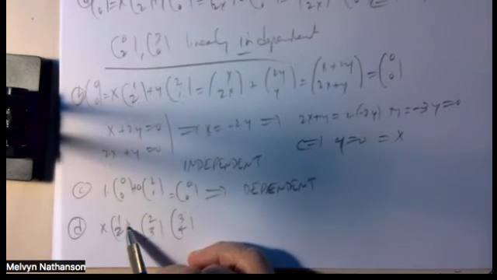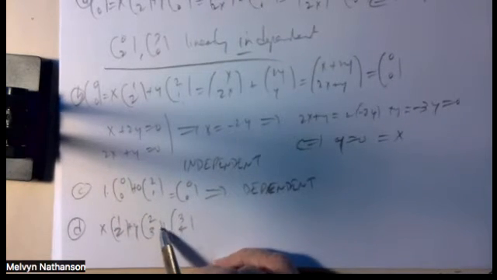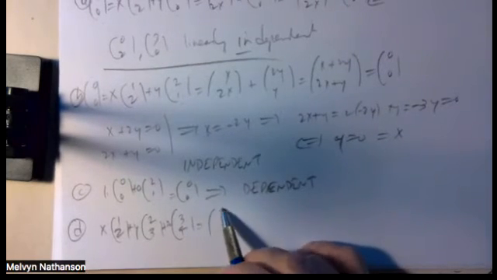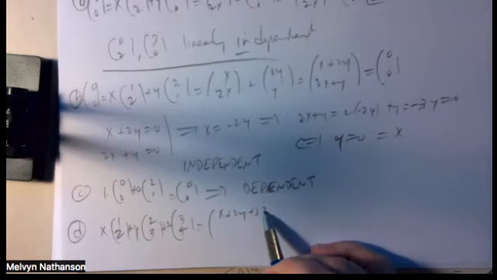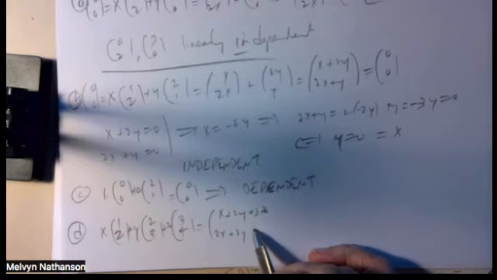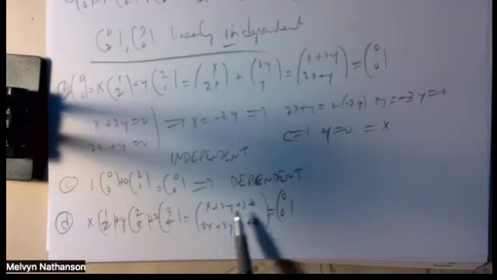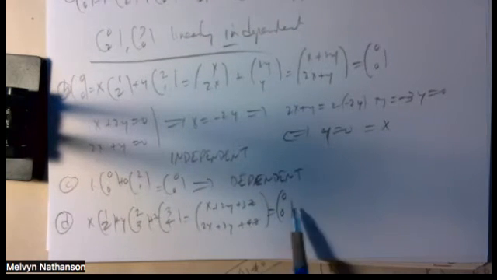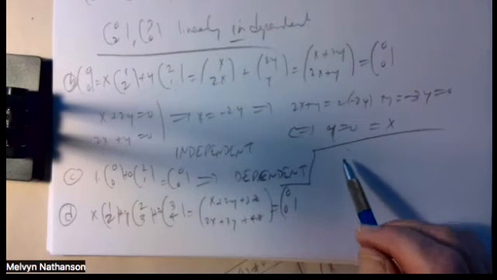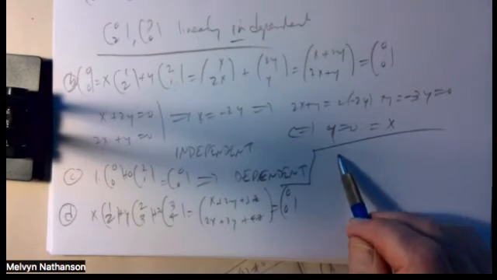If you want to do this by solving equations, you would say, well, suppose x times the first vector, y times the second vector, and z times the third vector, which is (x plus 2y plus 3z, 2x plus 3y plus 4z). Find a solution x, y, and z, if this vector is the 0 vector.